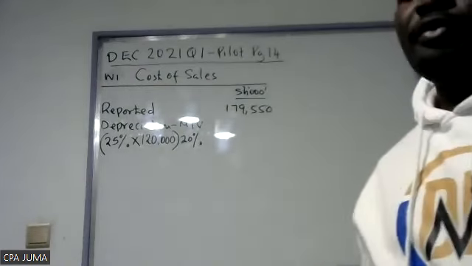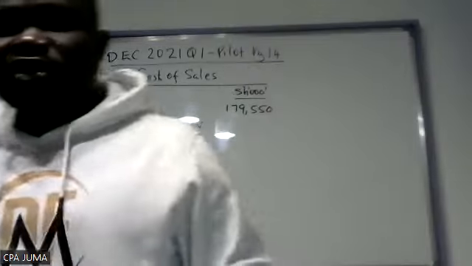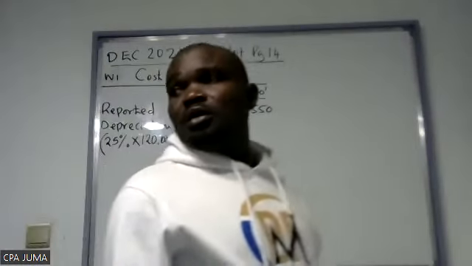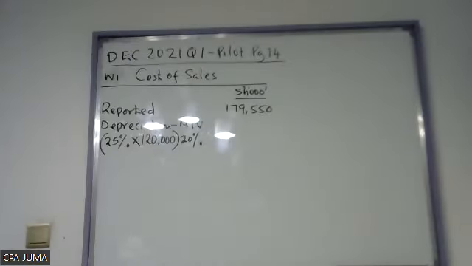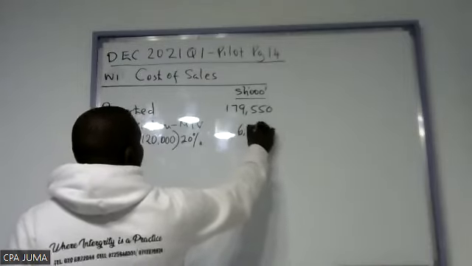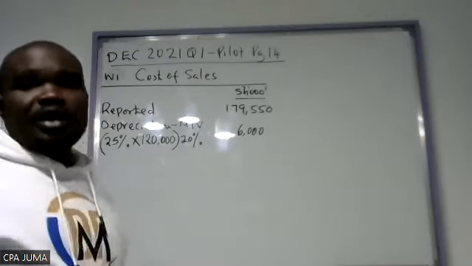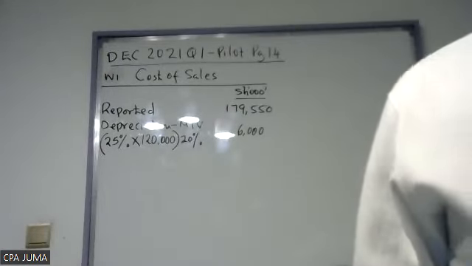So how much? 25% of 120 times 20, what do you get? $6,000. So this is 6. Give us there 6. Tujaribu kufanya hizi answers mbio mbio ndio tusikwame.